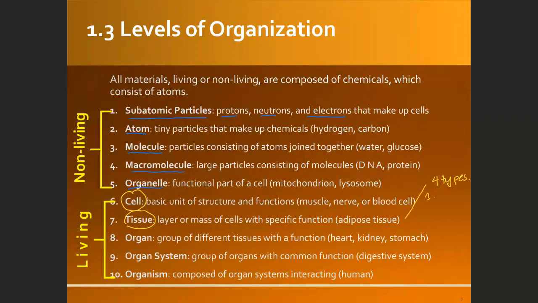The first one is called the epithelial tissue. The second one is called the connective tissue. The third one is called the muscle tissue. And the last one is called the nervous tissue.